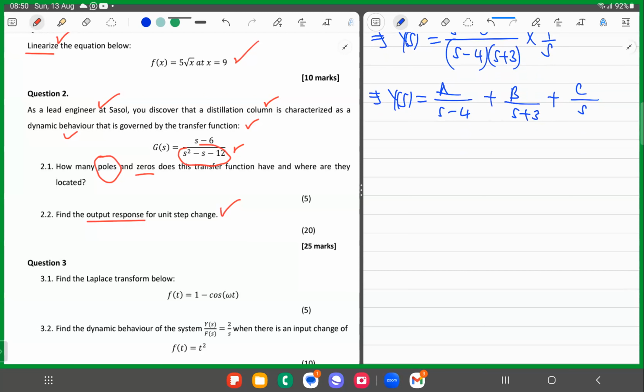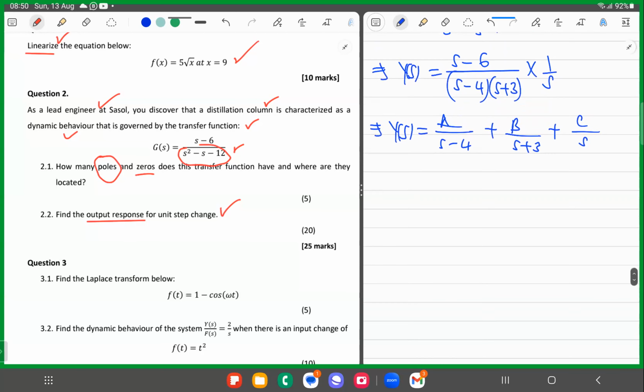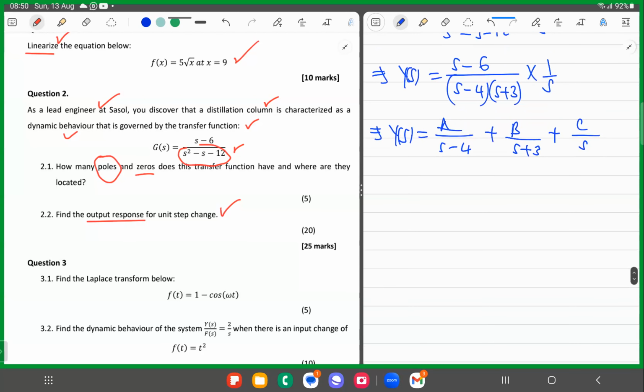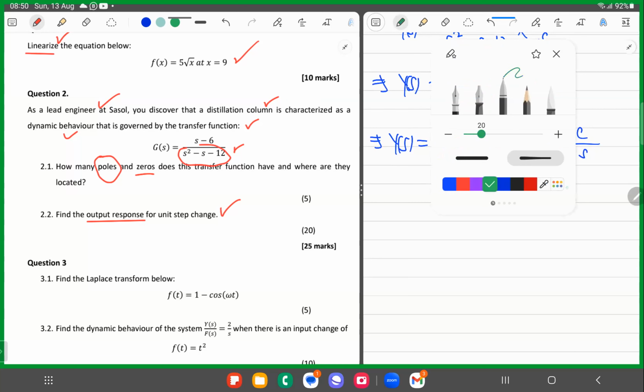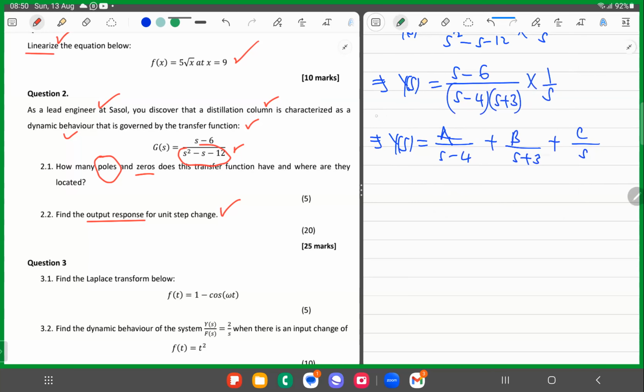Where do the A and B come from? Please come again. Where do A and B come from now? Okay, yeah, A and B. That's a good question. So A and B are coming from using partial fractions.